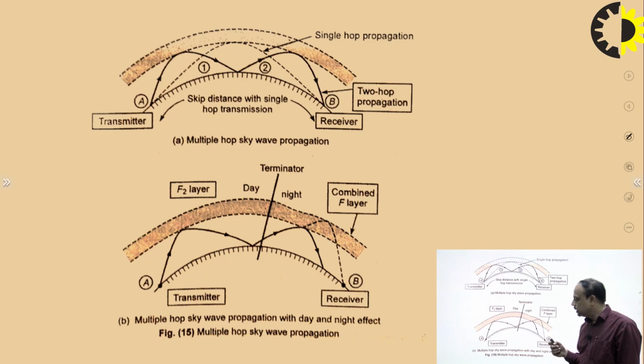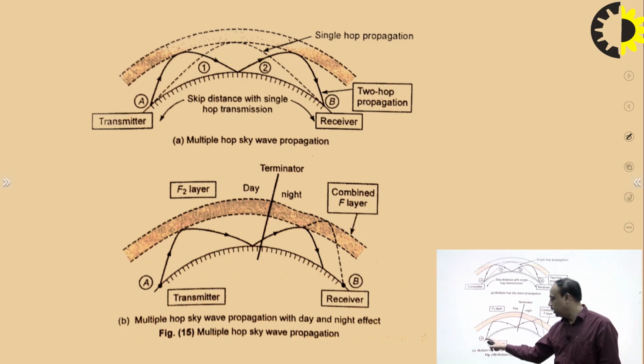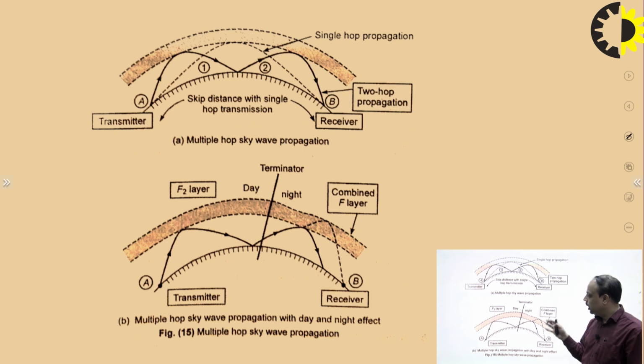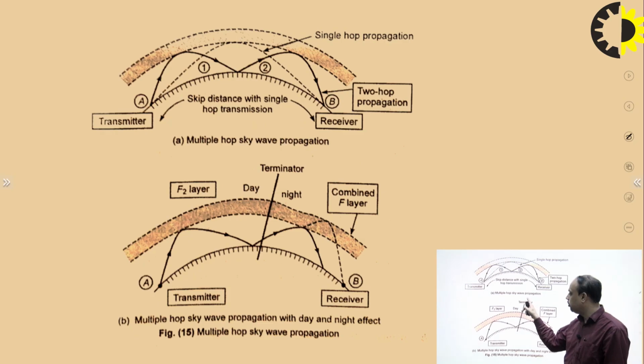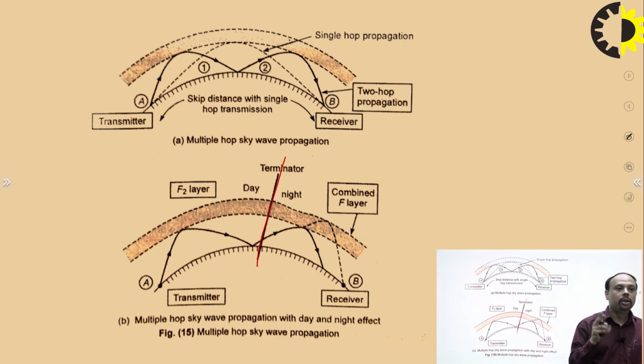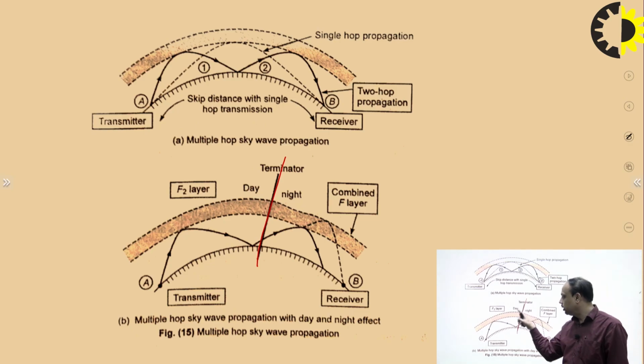But the problem is that for the curved earth and the traveling distance, the skip distance is very large. As the earth rotates, this terminator line is the line that differentiates daytime from night time, and we also know that in the daytime the concentration of the layer is different, and in the night time the concentration of the layer is different.